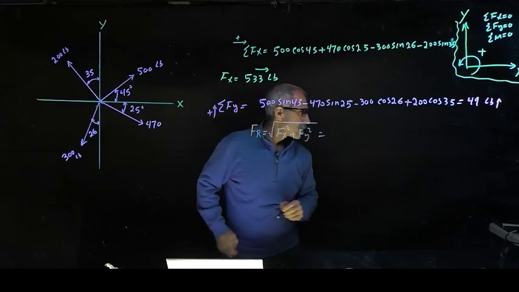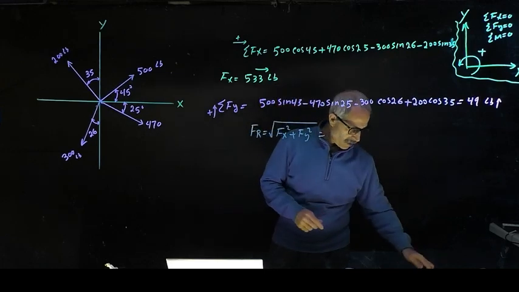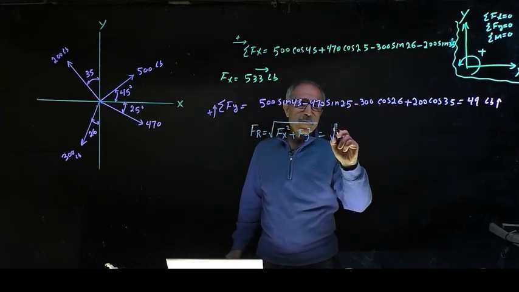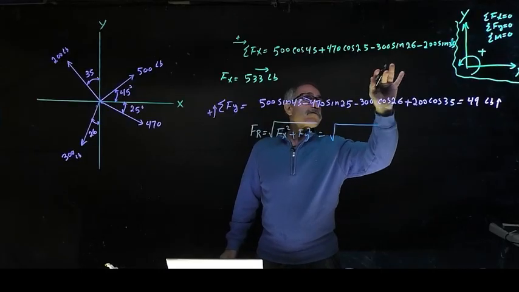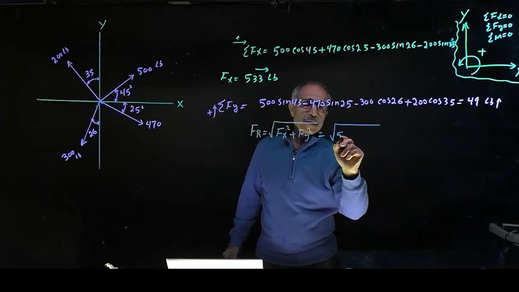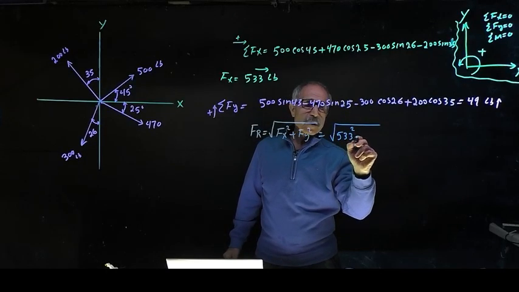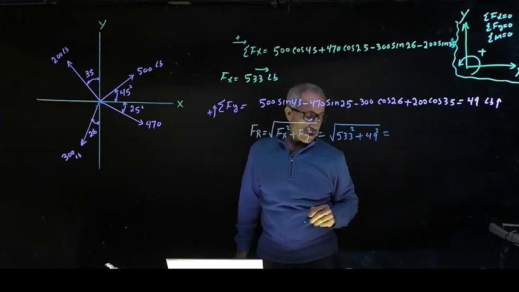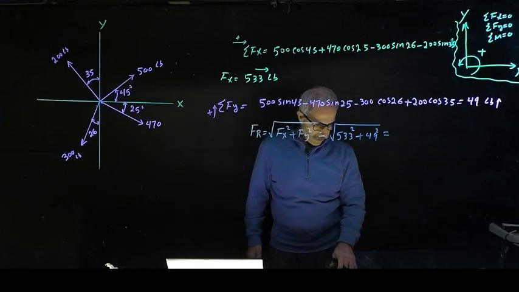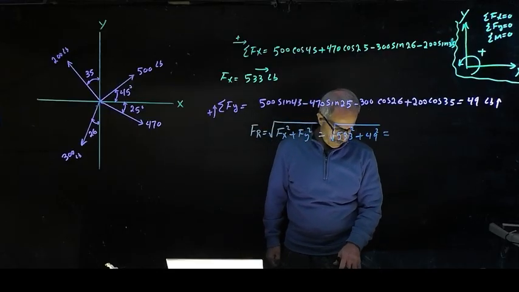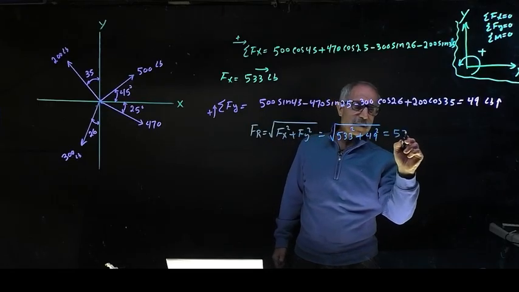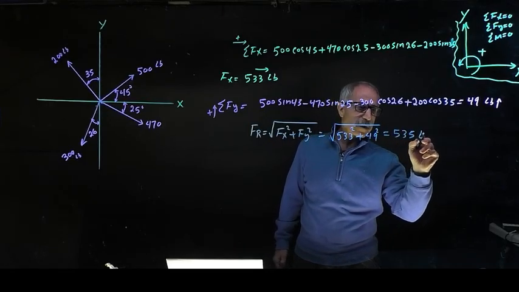That's going to come out to the square root of 533 squared plus 49 squared, and that comes out approximately to 535. Let me double check my number. This is what we had in class anyway.